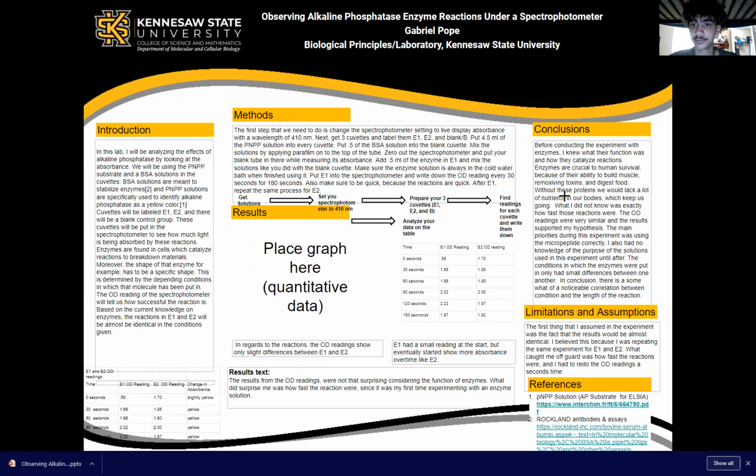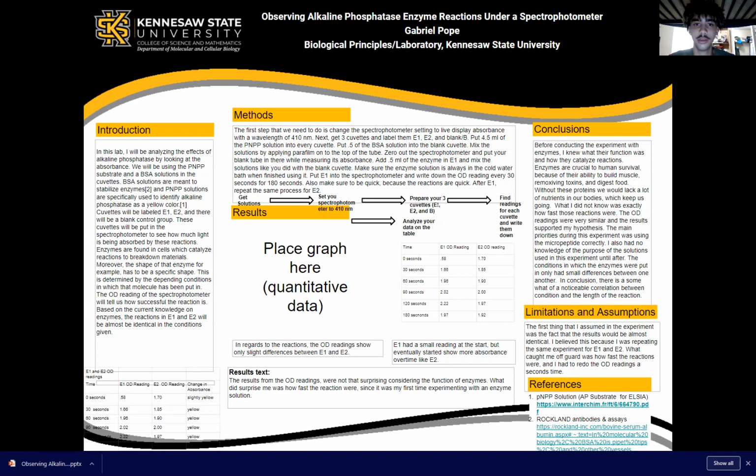In conclusion, before conducting this experiment, I knew what the function of enzymes was because I took biology more than once in high school, and I learned about enzymes in both classes. They are crucial to human survival because of their ability to build muscle, remove toxins from the body, and break down and digest food, from which we get the nutrients to operate.